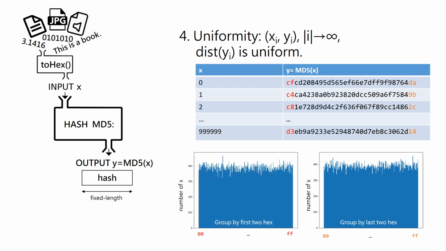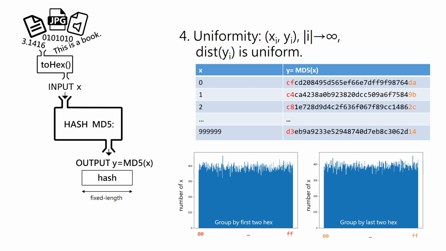There will be a total of 256 groups, and there is a distribution of the groups. We can see that the number of outputs in each group is around 390.